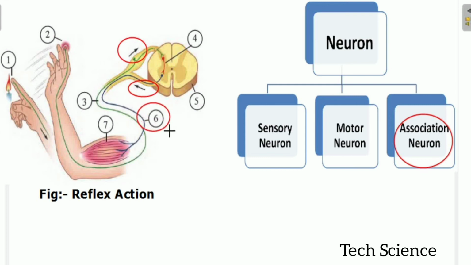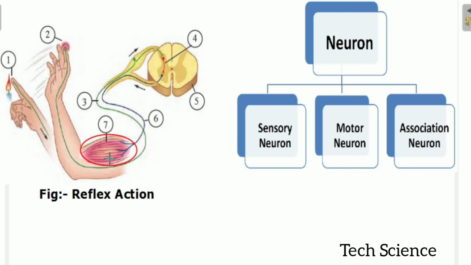Number 6 indicates that the order, given by control and coordination by the spinal cord only, is transferred by the motor neuron to those muscles taking action, and that is the function of the motor neuron. The message moves toward the muscles.